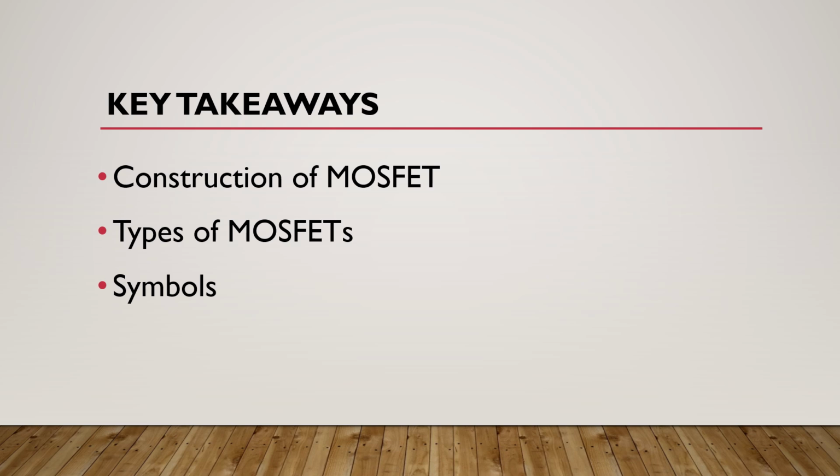First is depletion type MOSFET and second is enhancement type MOSFET. You also studied about symbols of these two types of MOSFETs. In this lecture, you also understood transfer characteristic curves for N-channel and P-channel depletion type and enhancement type MOSFETs.